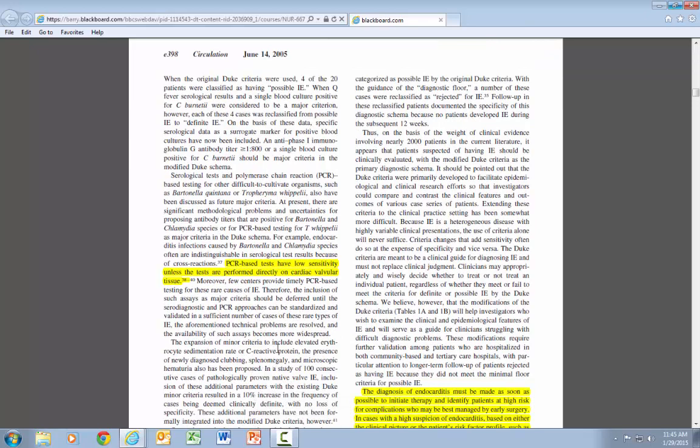In addition, serological tests such as PCR and serum rate, even though the American Heart Association is trying to include this serological test as major criteria, still is being a debate and remain as minor criteria. So PCR and serum rate remain as minor criteria because they have a very low sensitivity.